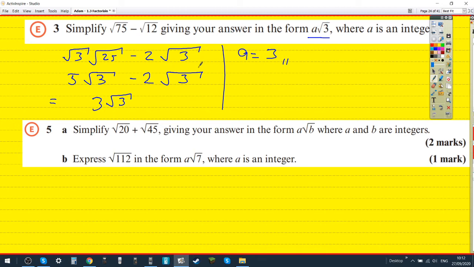But sometimes it's fine to do it entirely in your calculator, like question B down here. What is question 5B? Can I put it into the calculator? Yep. 4 root 7.